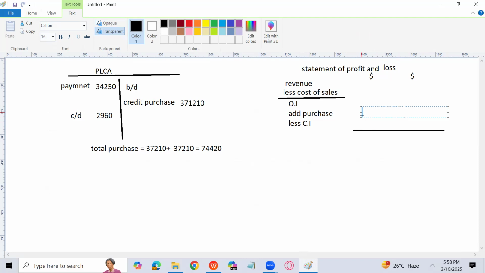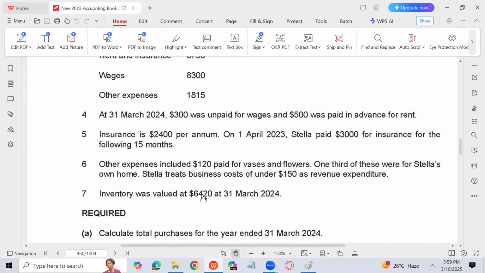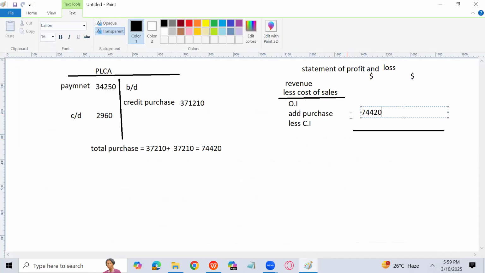So the purchases are 74420 and less closing inventory, which is given in the question: inventory was valued at 6420 at 31st March. I will subtract the closing inventory, 6420, and I will get the cost of sales.